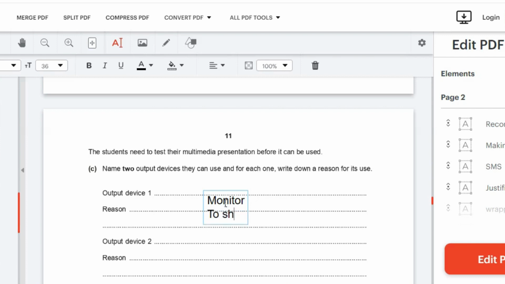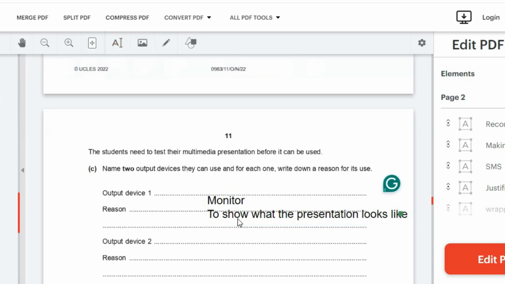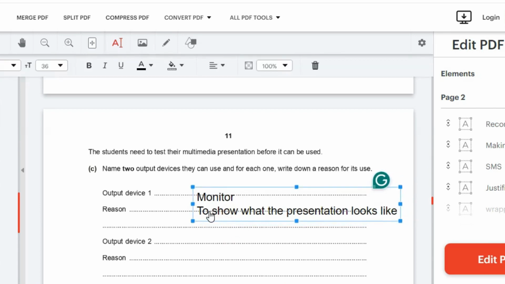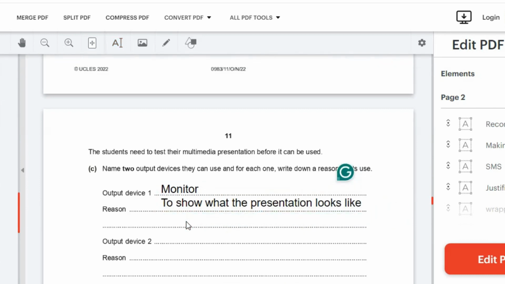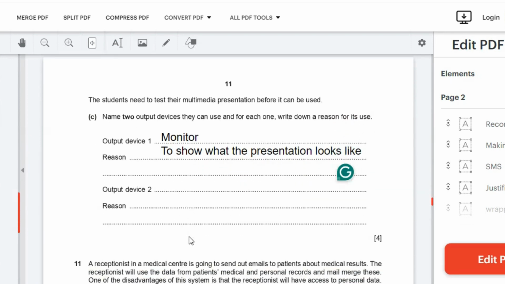Because it's going to be viewed, they need a monitor to display whatever they have in the multimedia. Do we understand?